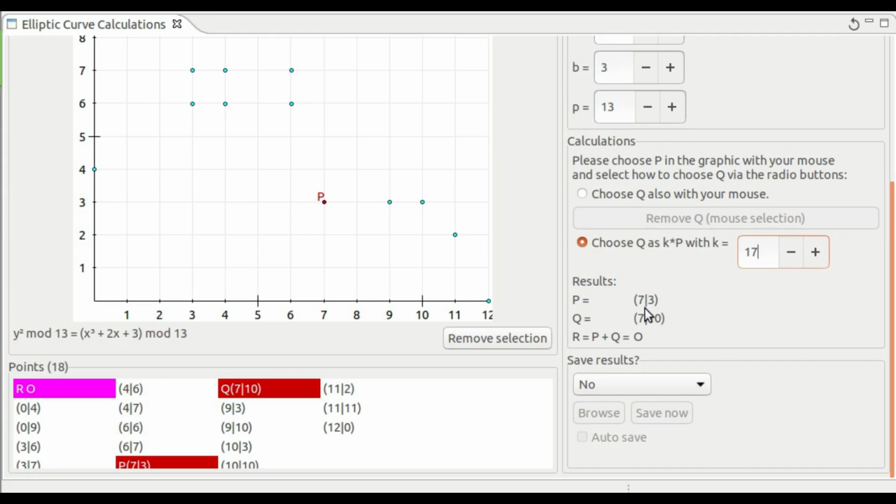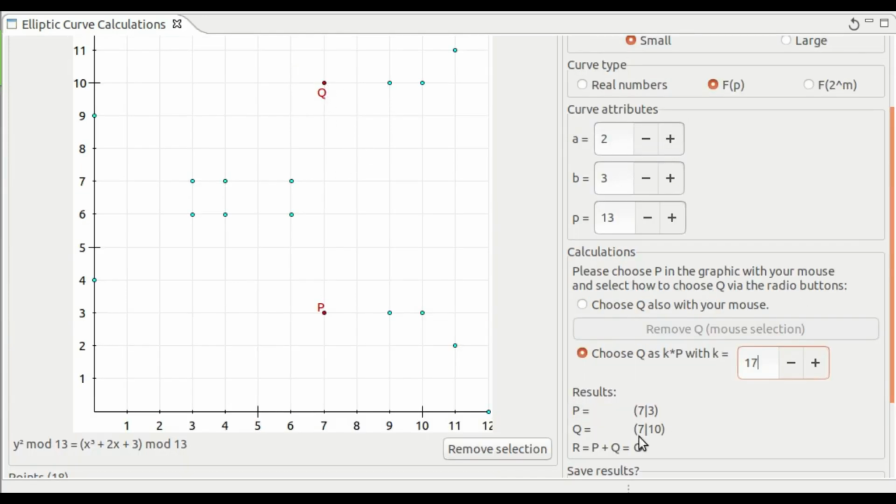Let's see, P is 7 comma 3, and Q is 7 comma 10. They have the same x coordinate 7 here. So if you draw a line through these 2 points, it will not intersect the curve at a third point. So these 2 points are called inverses of each other. This point is the inverse of this one, and this point is the inverse of this one. This is the point at infinity.